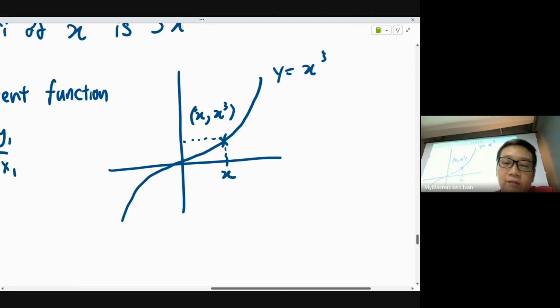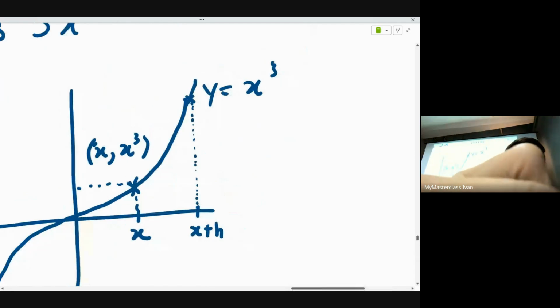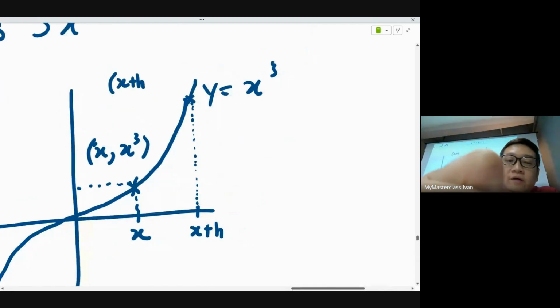Okay. Now, suppose I have x plus h a bit away. Okay, so which is going to be here. Then the x coordinate is called x plus h. The y coordinate is called what, Josh?